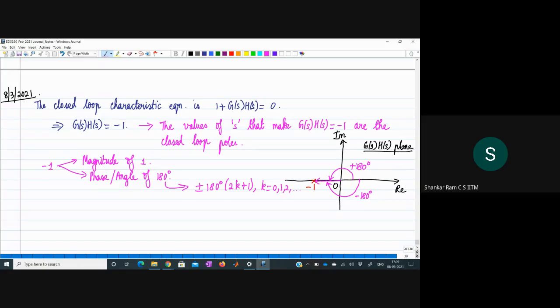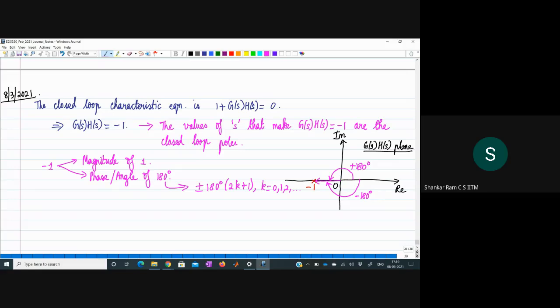The reason is that if I look at -1, I know that I am going to arrive at -1 by taking an odd multiple of half rotation. That is, if I draw an arrow from the positive real axis of unit magnitude and rotate it by odd half rotations, or odd multiples of 180 degrees, either way, plus or minus, I am going to come to -1.